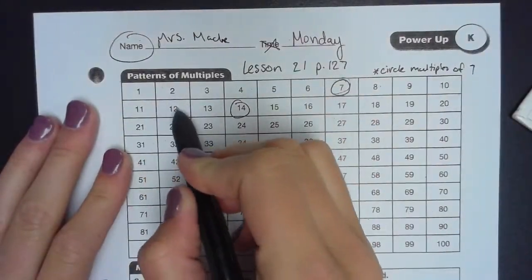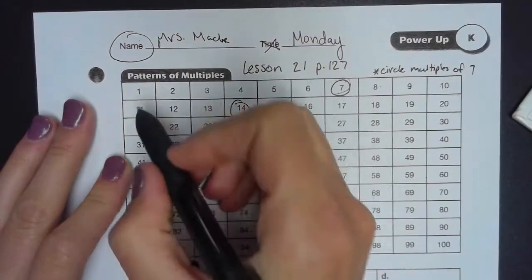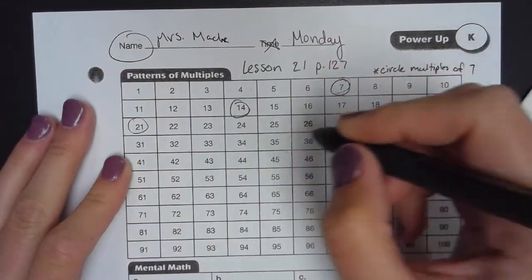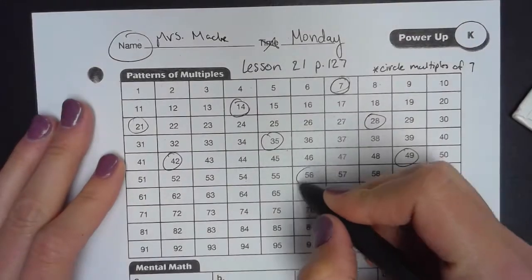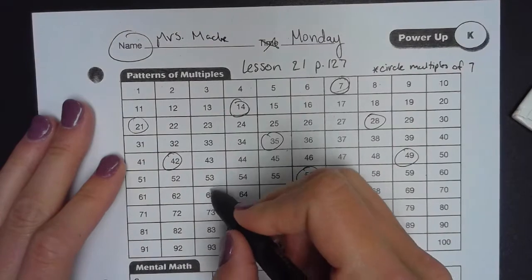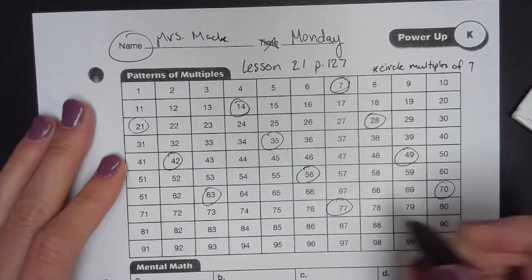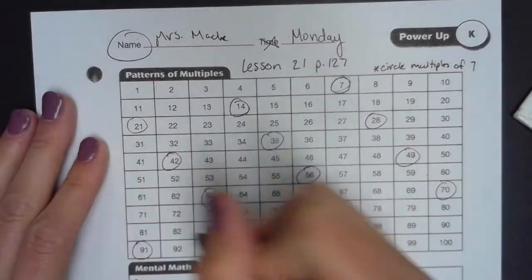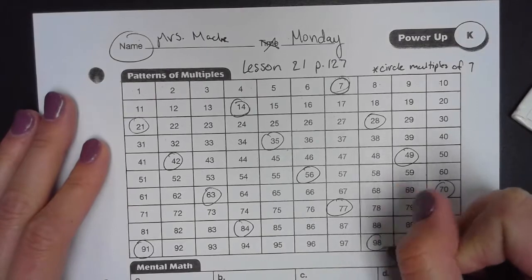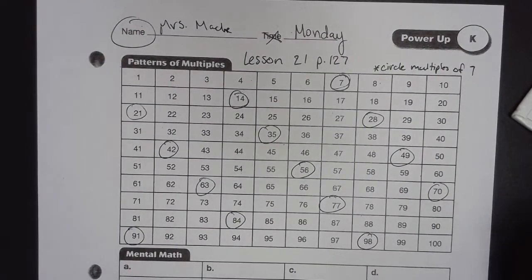All right? 7, 14, 21, 28, 35, 42, 49, 56, 63, 70, 77, 84, 91, and 98.